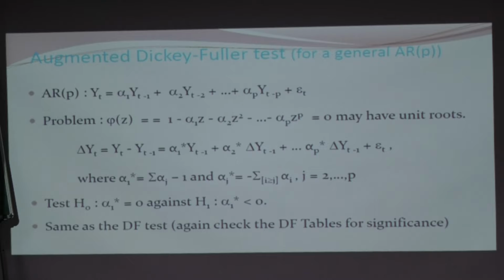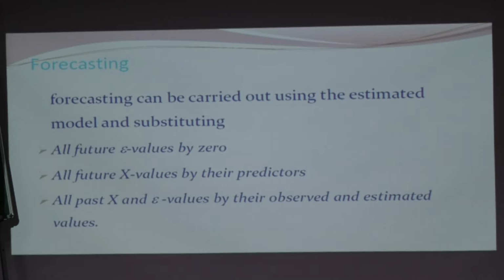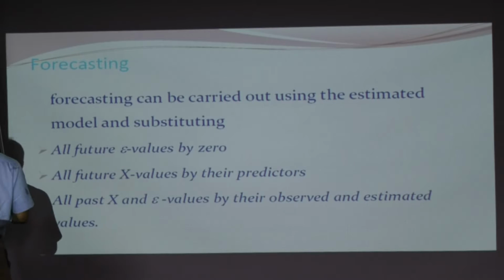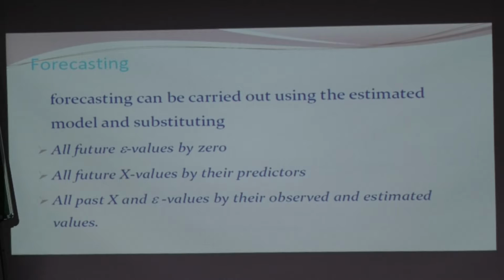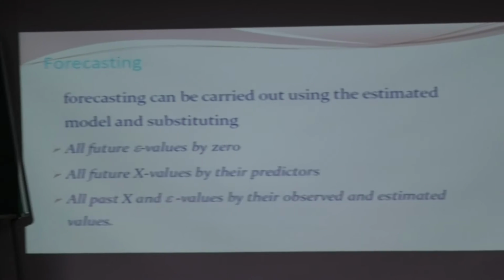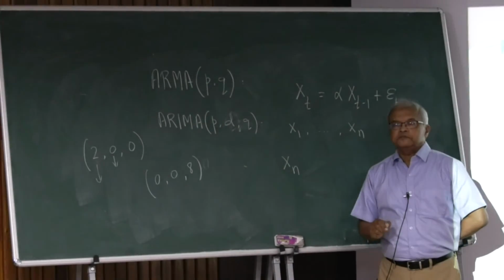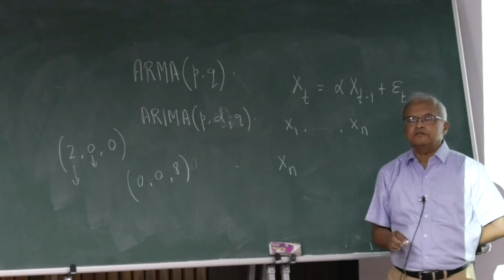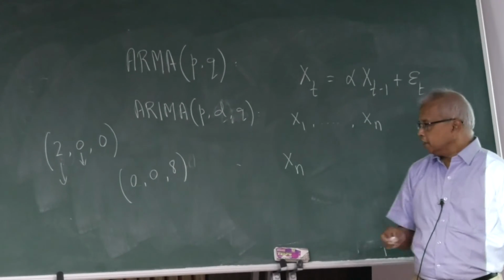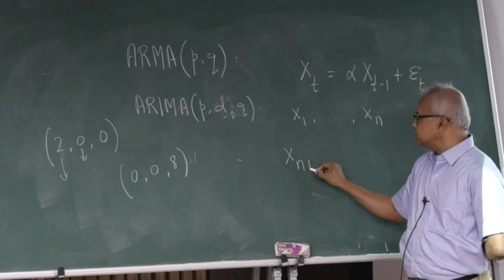Mathematics again you can always work out on your own. I think I'll just look at this. I am given x1, x2, xn. I have fitted an AR1 model. Okay, what would be my xn plus 1 value?